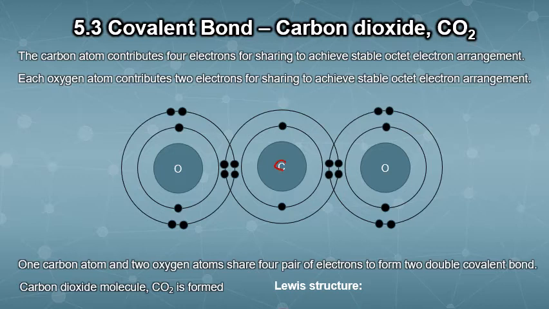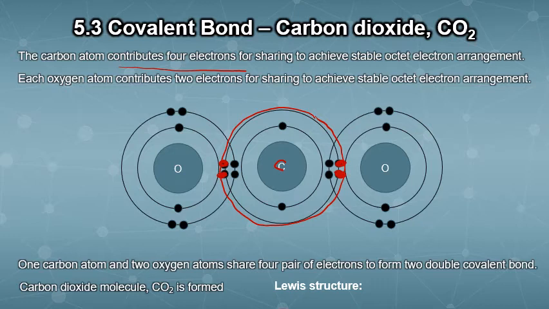Okay, this is the carbon. This is the outermost shell. It says that the carbon atom contributes 4 electrons, so the 4 electrons are here. 1, 2, 3, 4. See, it contributes all the 4 electrons for sharing.